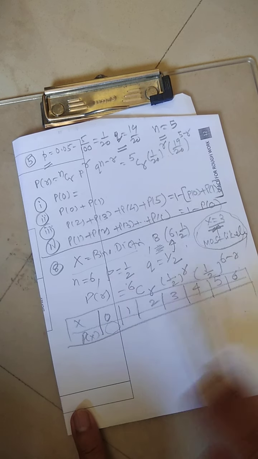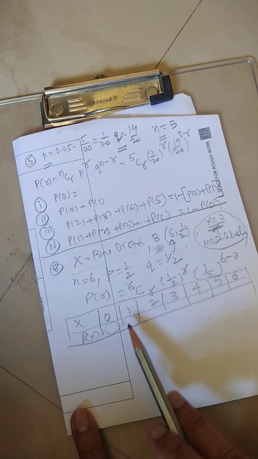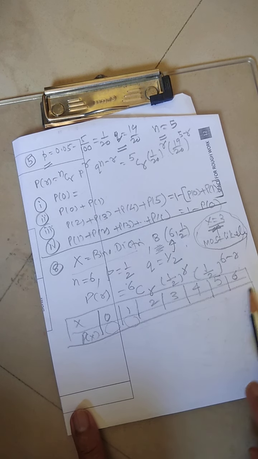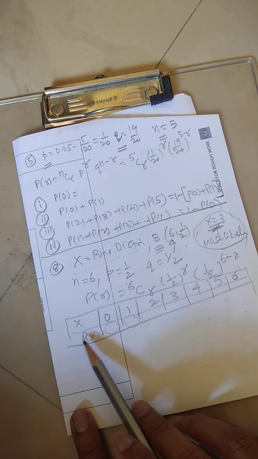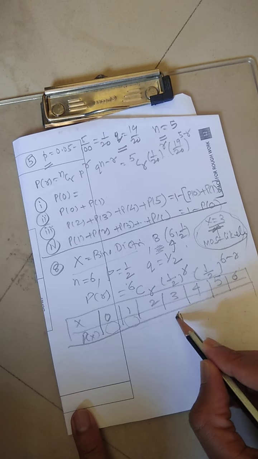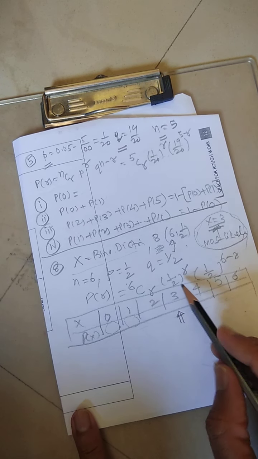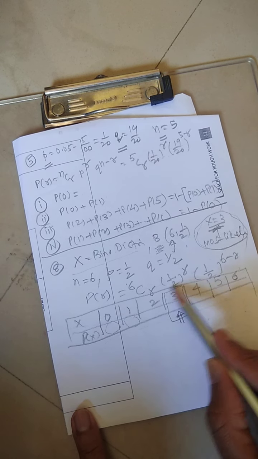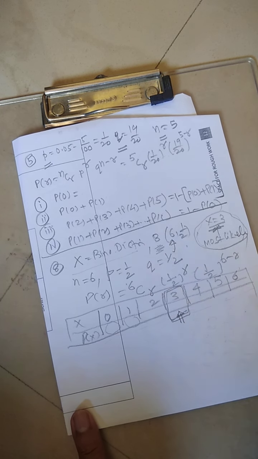Similarly, replace 1, you will get some answer, which you can also record here. So try to complete this work. Once this work is over, you have to search where this probability answer is more. Just pause the video and calculate. You will notice that the probability answer is highest when capital X is equal to 3.